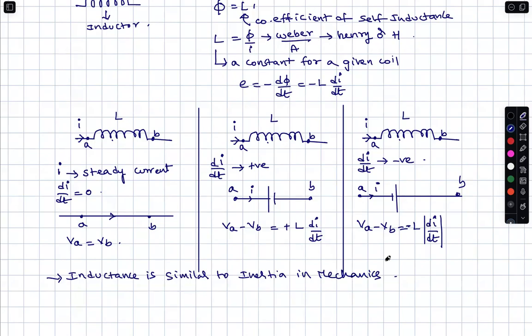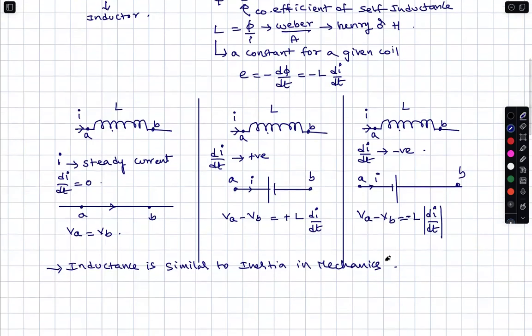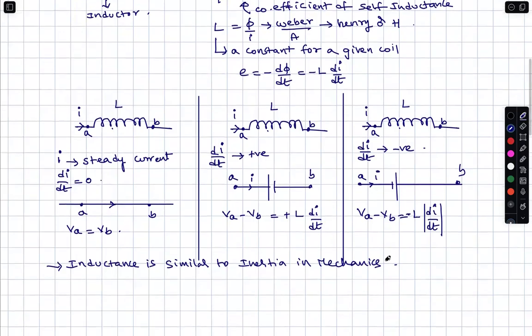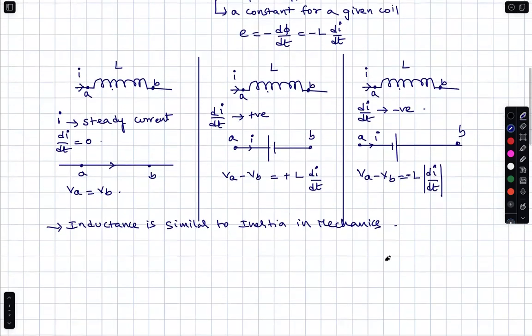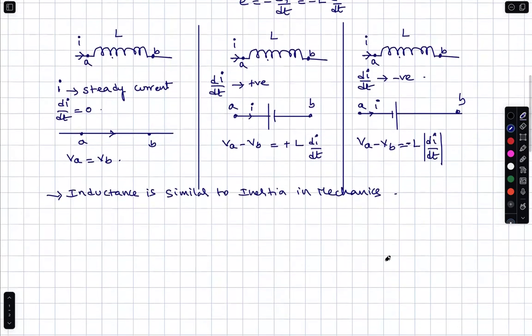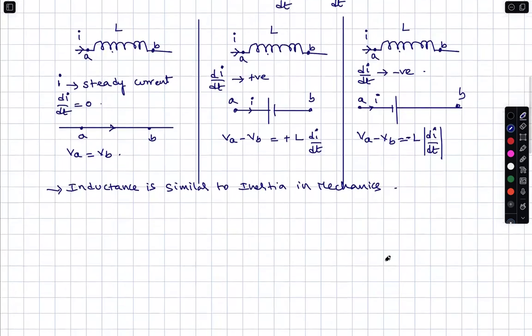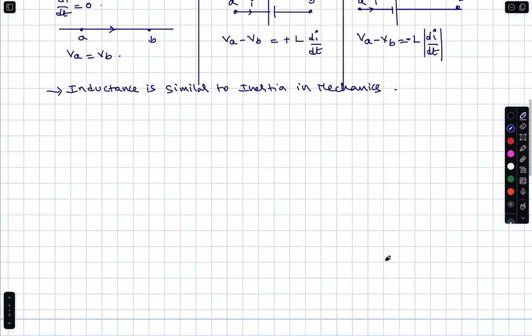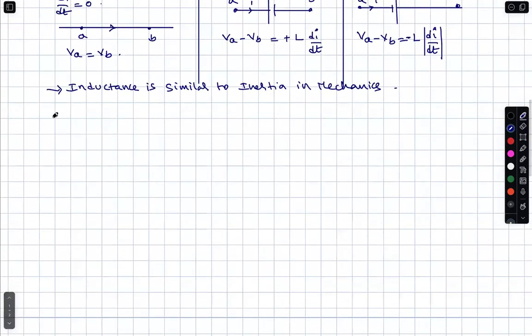Next. In fact, the inductor is an important element in electric circuits. For example, I'll try to give you a simple example model. What is that?